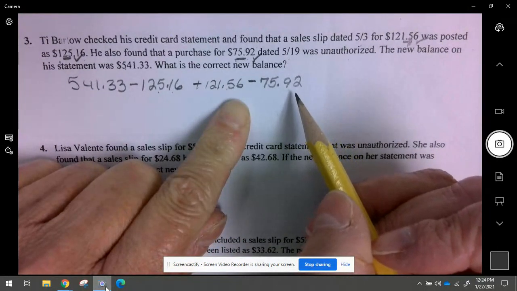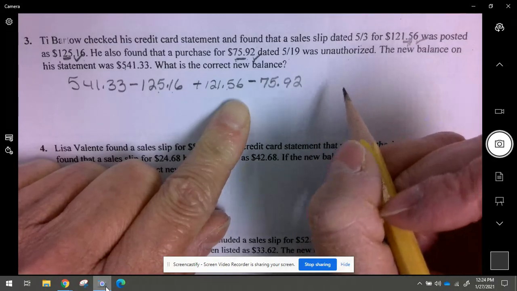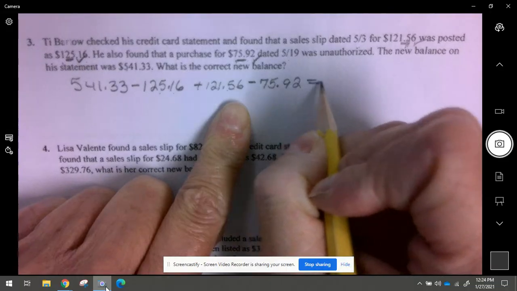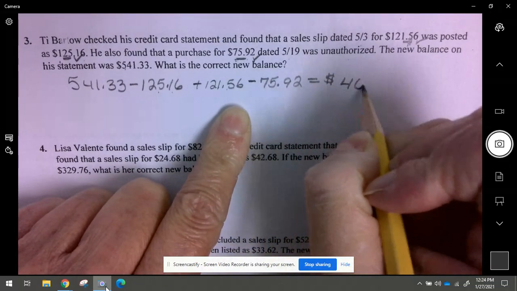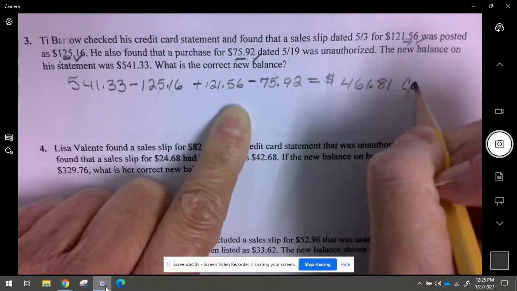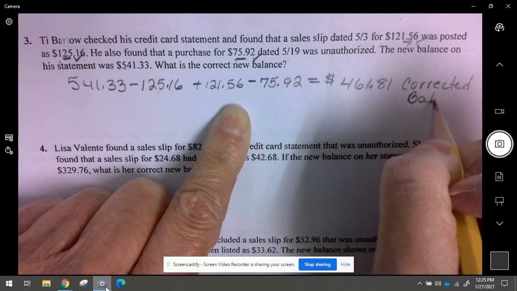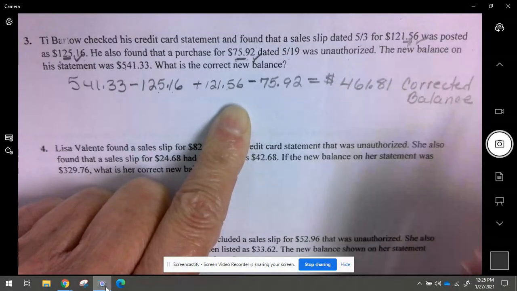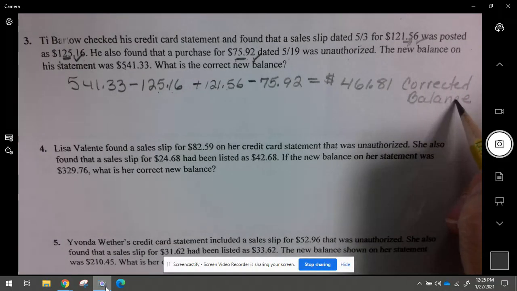So this really doesn't happen so often now. Now we just compute these in our calculator to get our new balance or corrected balance, $461.81. And I'm going to call that the corrected balance. And that's a C here.